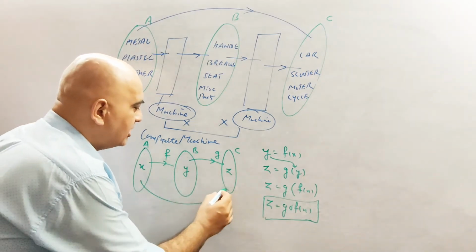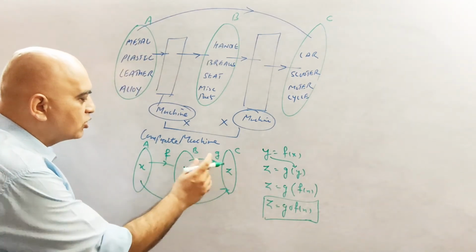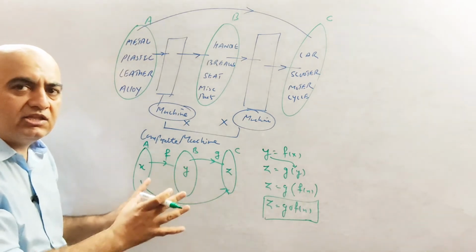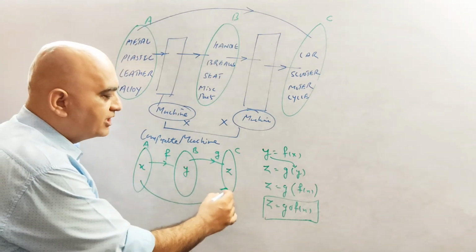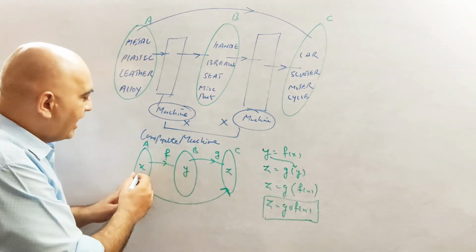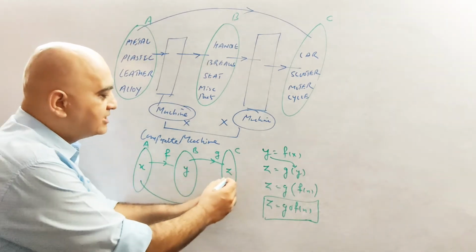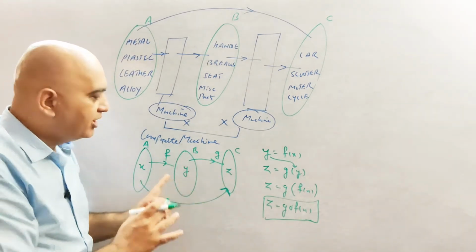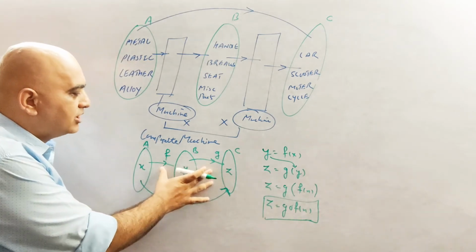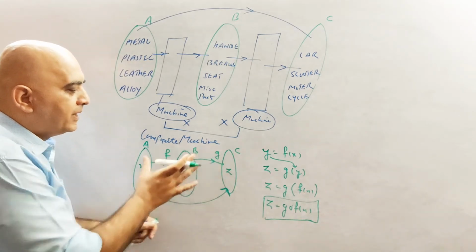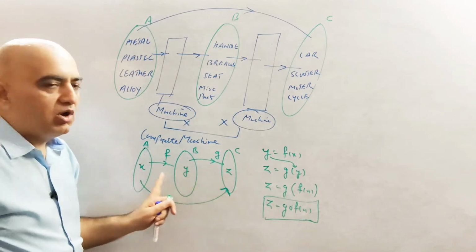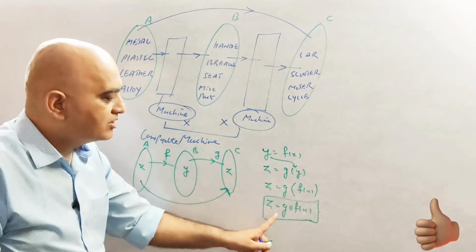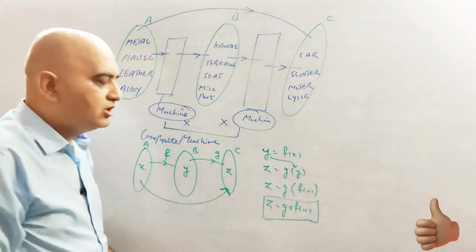We are taking these two functions together to get the output of set C. So x is our input variable and z is our output variable. In this way we can compose the two functions f and g and make the function g of f, which is a combination of both functions, and this concept is called composition of the function.